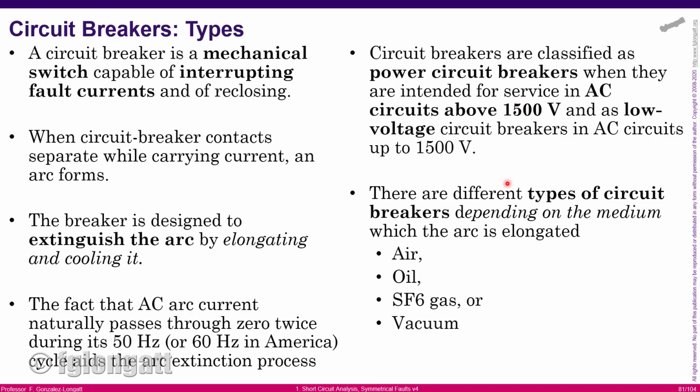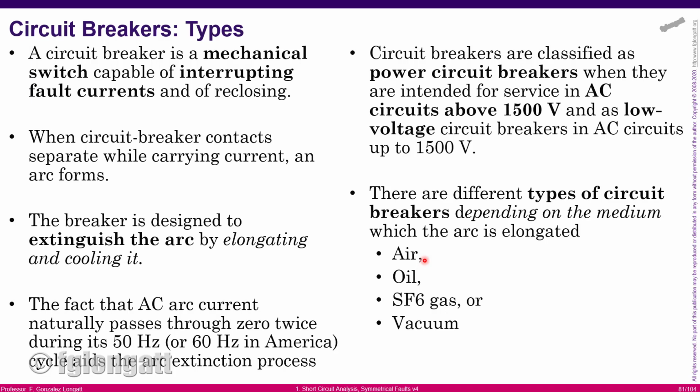Especially I will be dealing with high voltage circuit breakers, and as I said before, we need to extinguish the arc, and there are different mechanisms, different elements that we can use to cool down and break the arc. For instance, very old breakers use air, then we started to use oil, but this is an insulating oil.